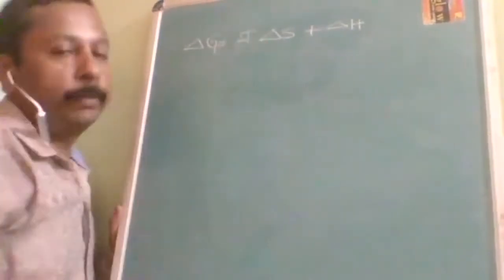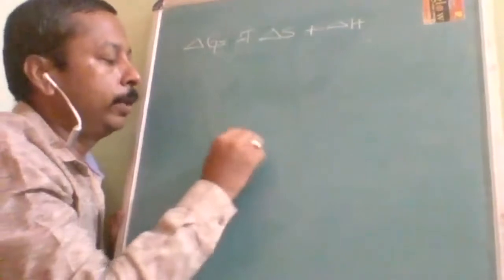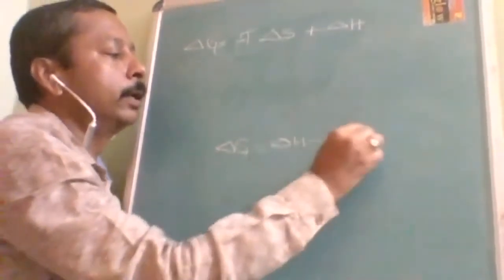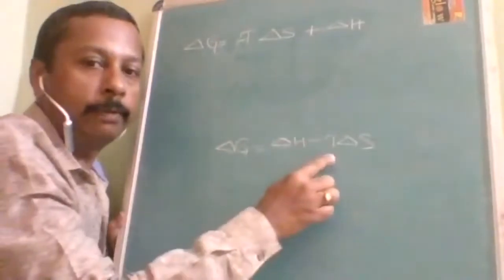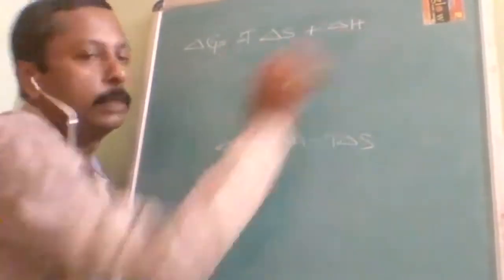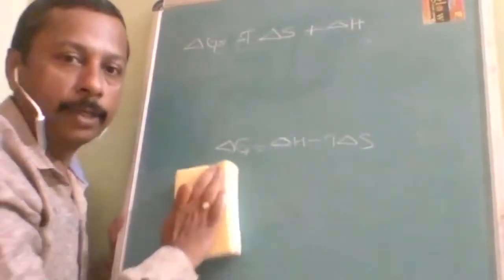Value wise it is the same, only thing I have changed is their position. What I told you, delta G is equal to delta H minus T delta S. But what I have written is minus T delta S, and I have written delta H on that side. Why I have done it like that, you are going to understand now.